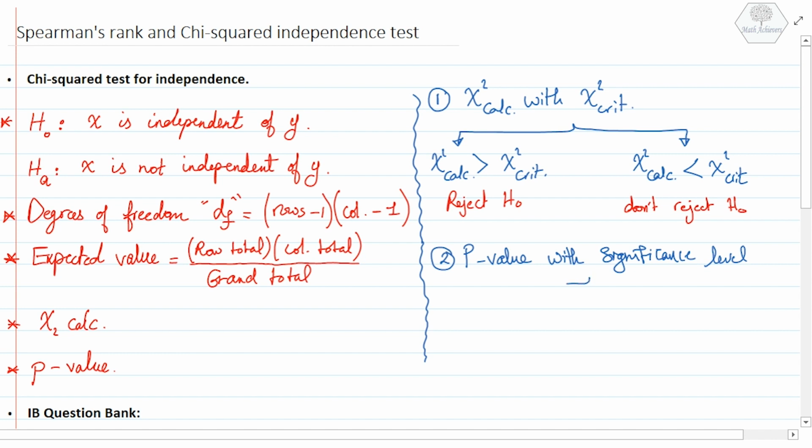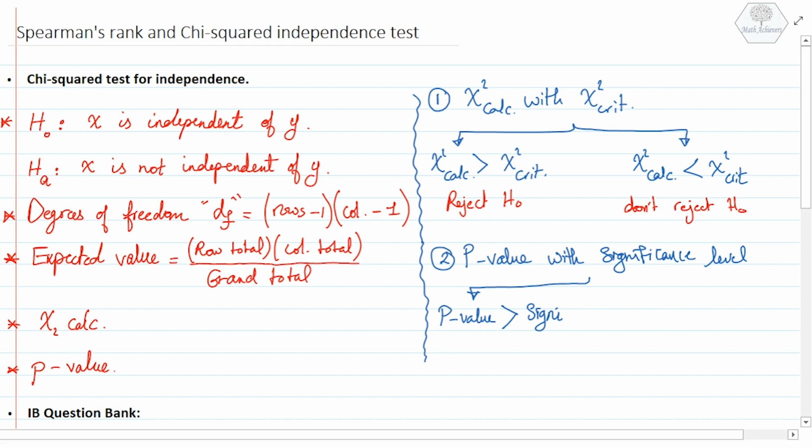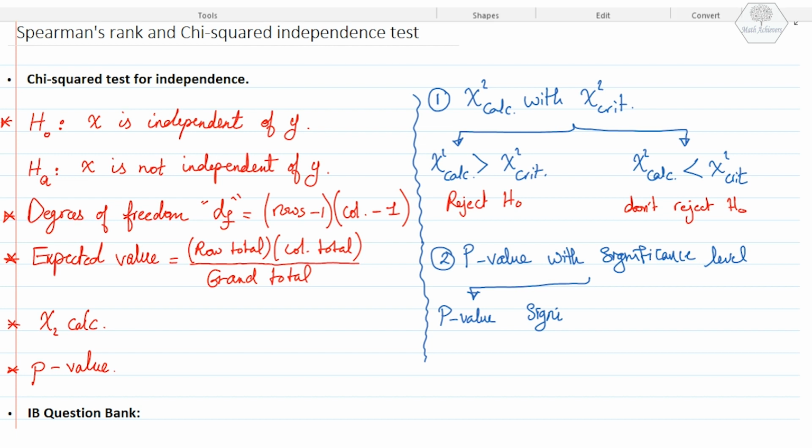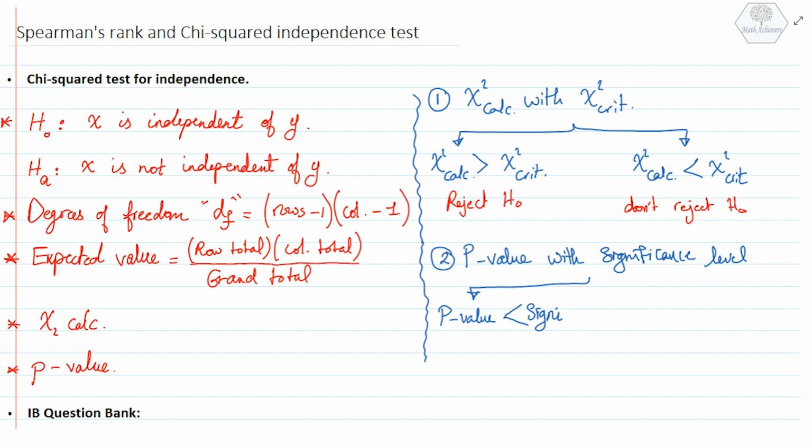So now, if the p-value is lower than the significance level, because it's the opposite from the chi-squared, then we reject H naught.